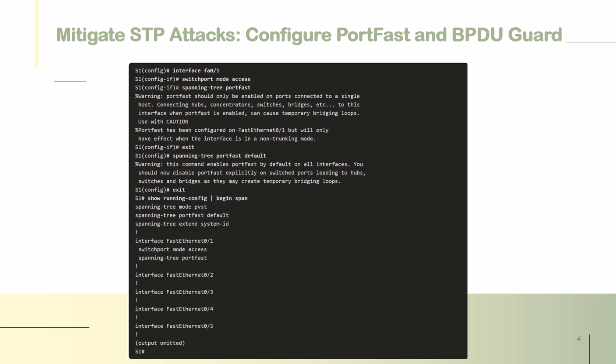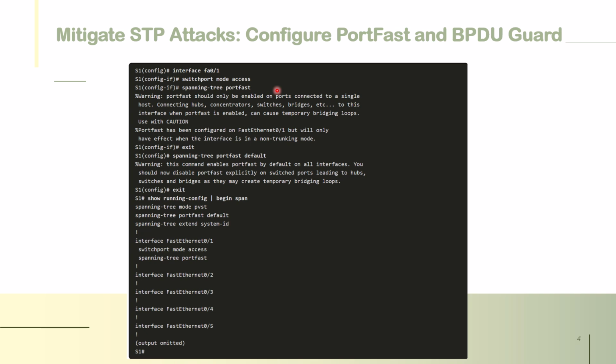So let's see. For the example that we had before, let's try to configure interface FastEthernet 0/1. We go to the interface, put this interface in access mode, and then enable PortFast by using the spanning-tree portfast command.